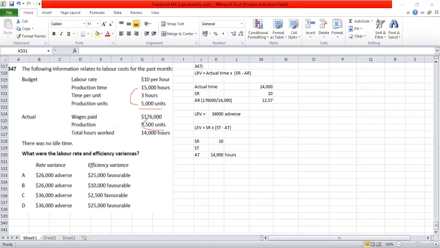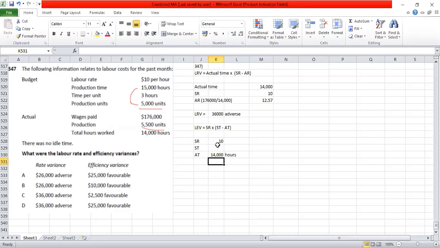So the details at 5,000 units and the details at 5,500 units are not comparable. So what do we do? We adjust the standard. That is the flexible budgeting. We adjust the standard time required for making 5,500 units.